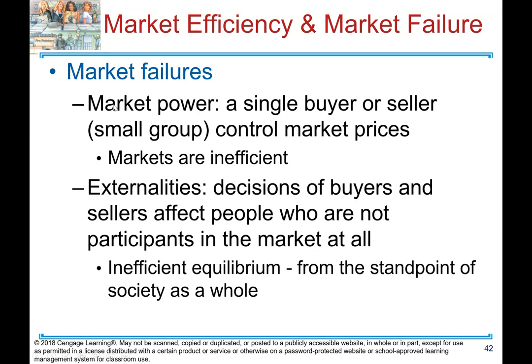Another source of market failure is externalities. Decisions of buyers and sellers affect people who are not participants in the market at all. It makes markets inefficient: an inefficient equilibrium from the standpoint of society as a whole. So, two sources of market failure: when there is market power or when there are externalities.